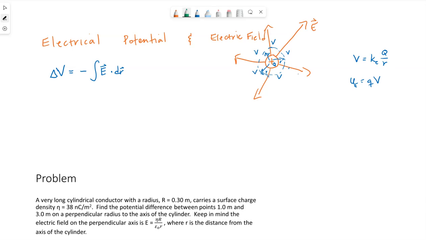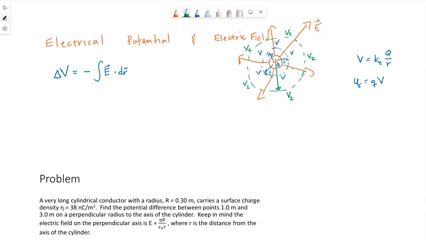Similarly, if we went out to a larger distance r, we talked about this being an equipotential surface, meaning the electric potential has the same value at the same distance from the charge.